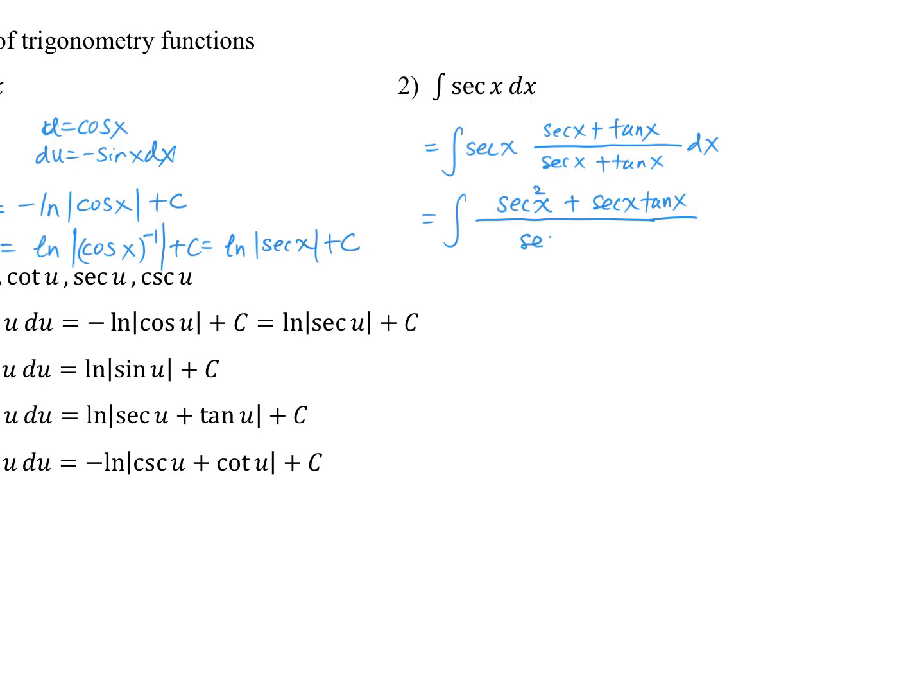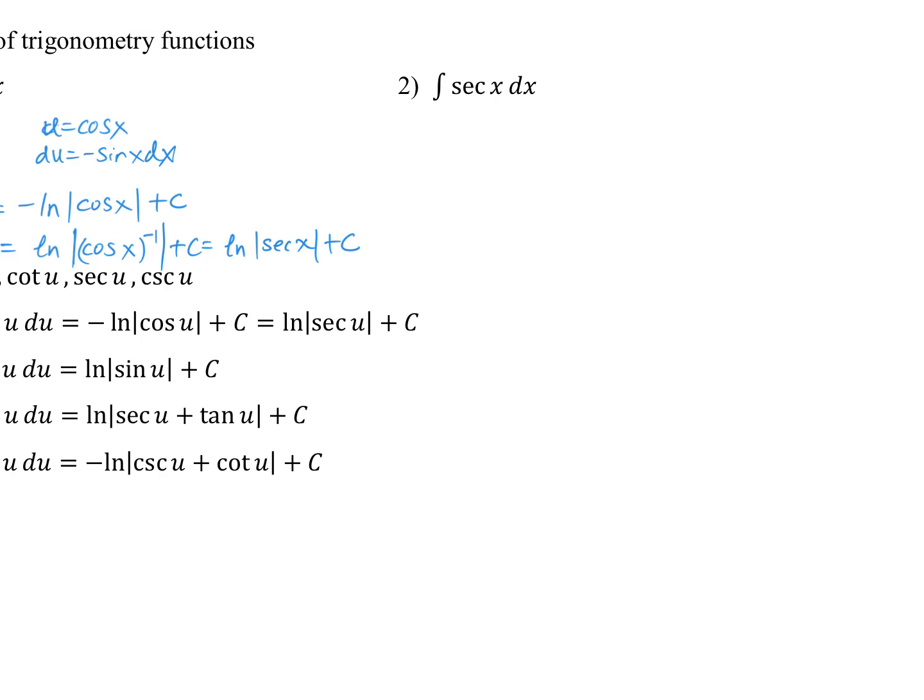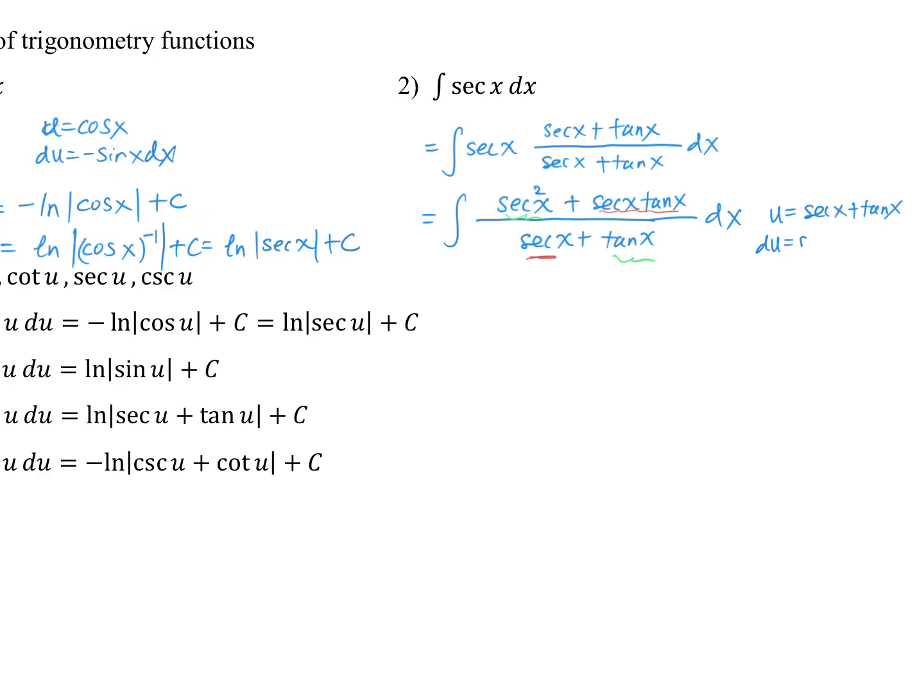And at the bottom, you have secant x plus tangent x. Now you can see that the derivative of secant is actually this guy, right? And the derivative of tangent is actually this guy. So therefore, when you let u be secant x plus tangent x, the du is exactly what you see in the numerator.